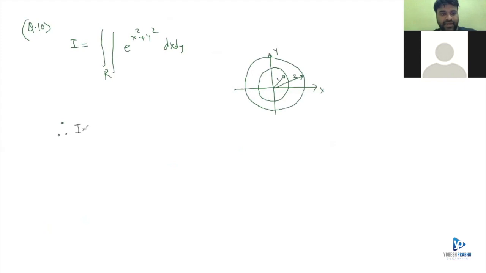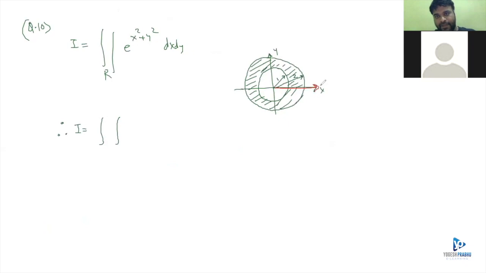It is between the circle of radius 1 and radius 2. Do you understand? This is the area. The first one is 0 to 1. Sorry, no, no, no. You tell me what is going to be theta?